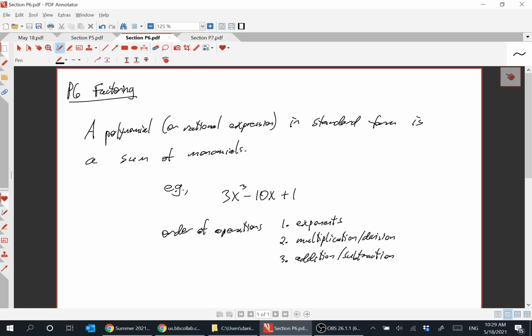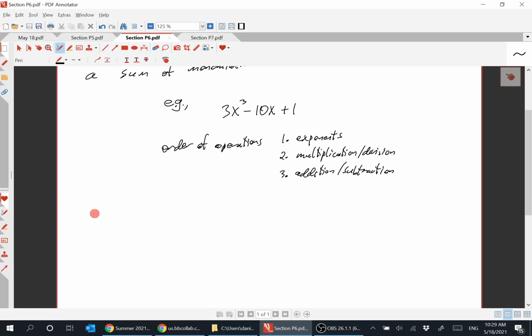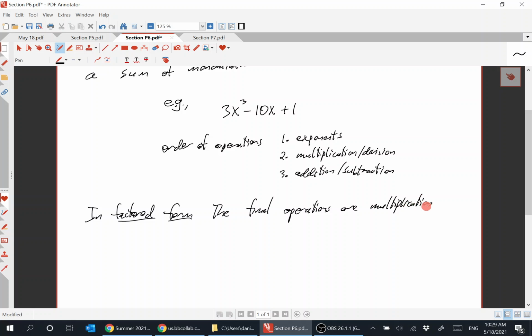In factored form, the final operations are multiplication, division, and exponentiation.